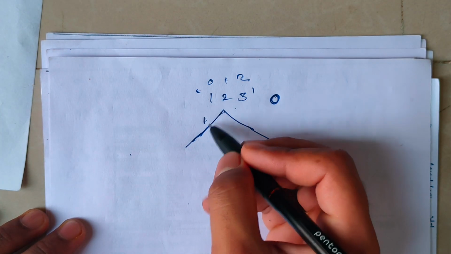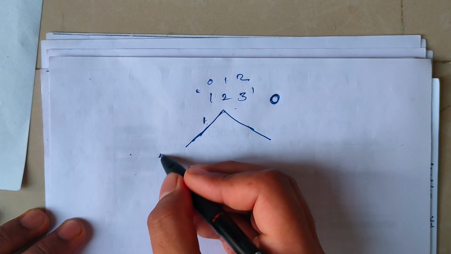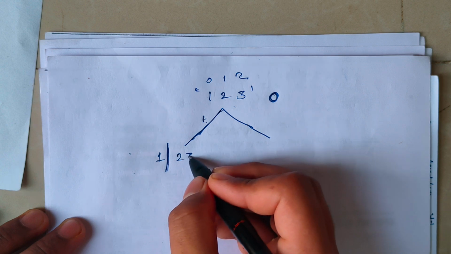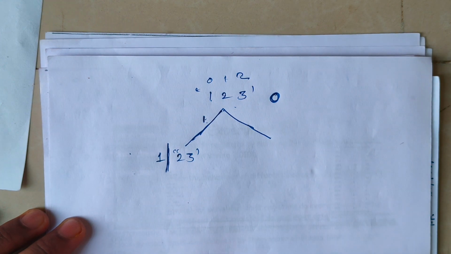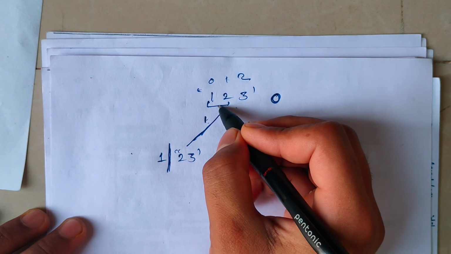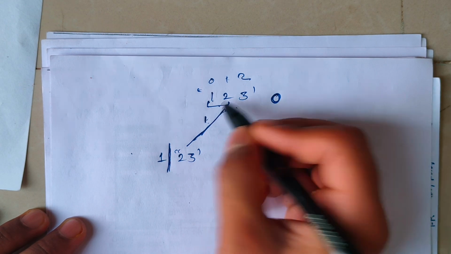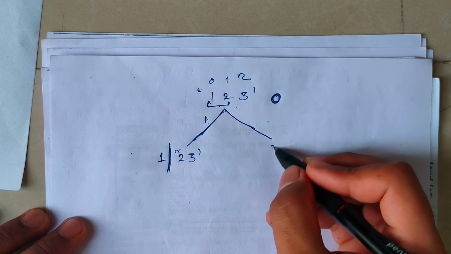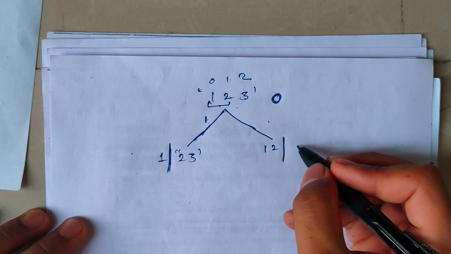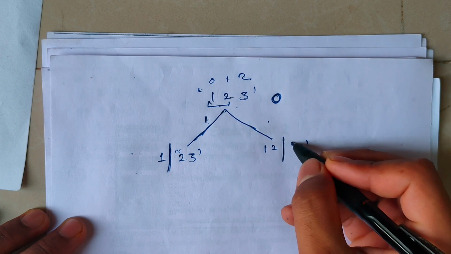If we take one index, 1 would be mapped to A, and now we are left with the string 23. And if we take 2 indexes, it would be 12. So 12 is less than 26, we can map it. So 12 is done, and now we are left with 3 only.